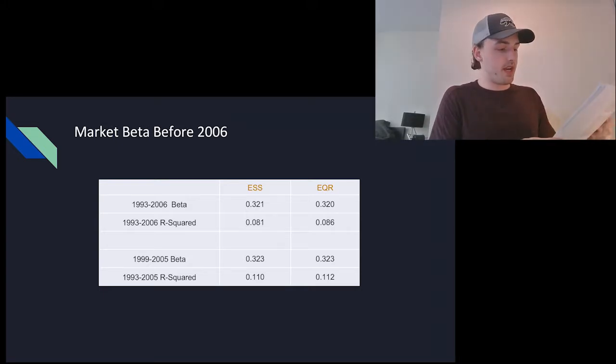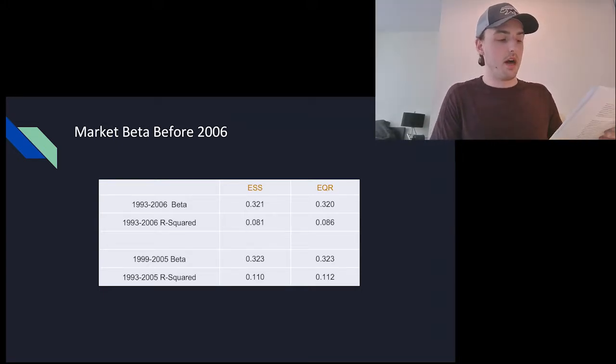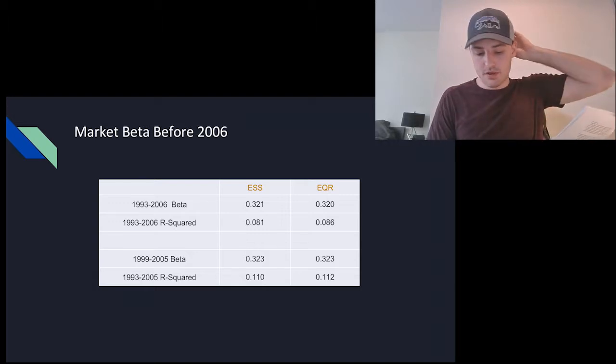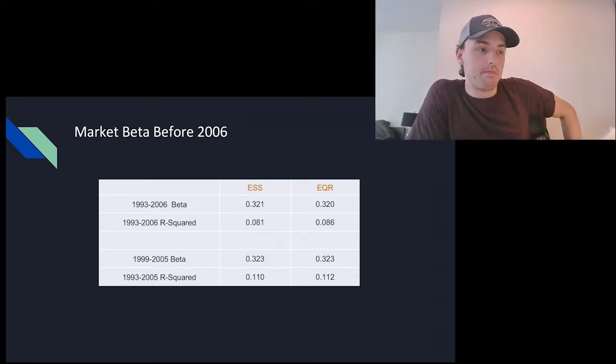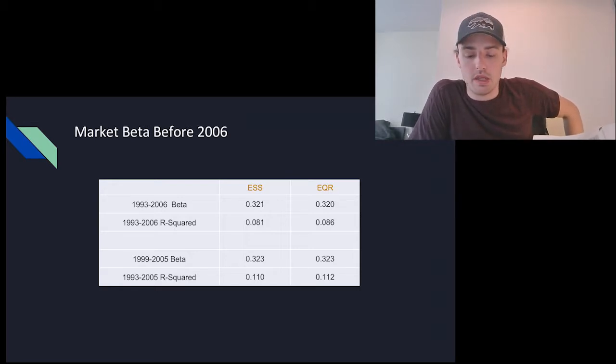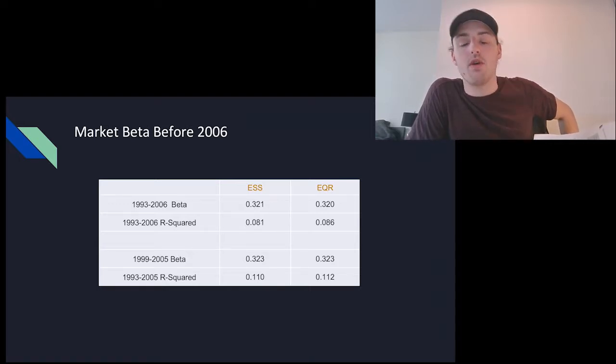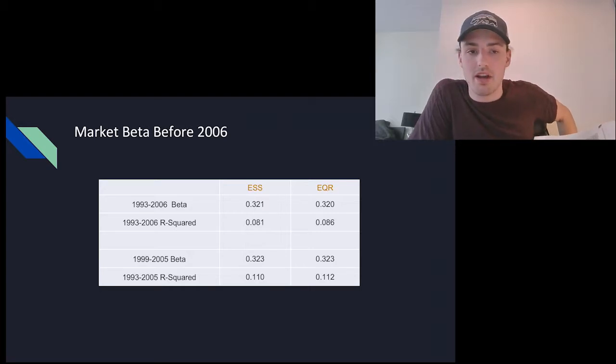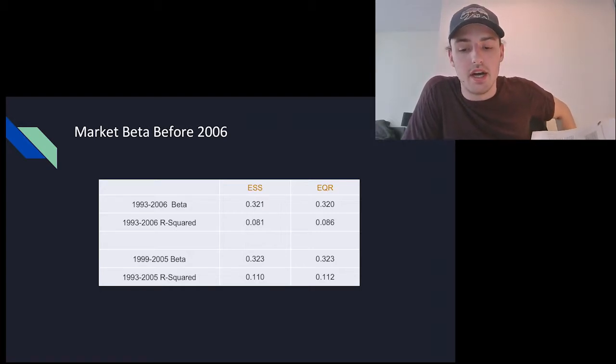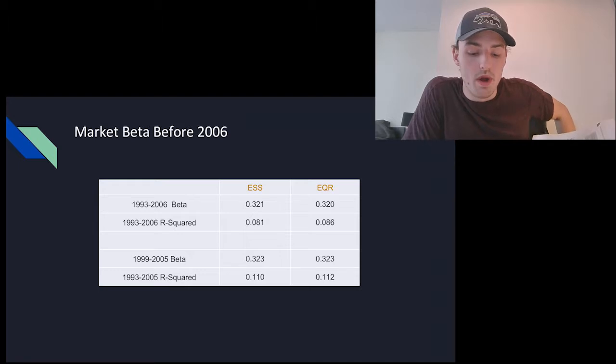So the next thing that I looked at was market betas before 2006. A quick refresher on what market betas are: market beta is the relationship of how stock price, equity price volatility correlates with general market movements.